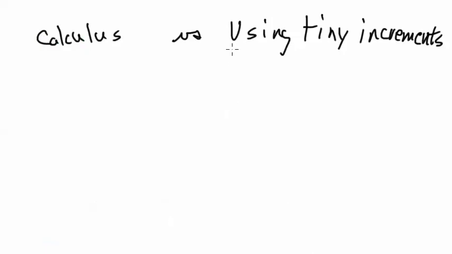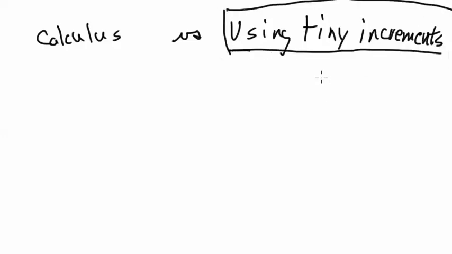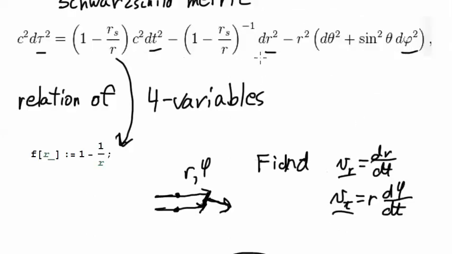So to be clear, this demonstration is using tiny increments of time, and really what it's doing is replacing these differential things with tiny delta r's, tiny delta phi's, and tiny delta t's, and setting this d tau equal to 0.